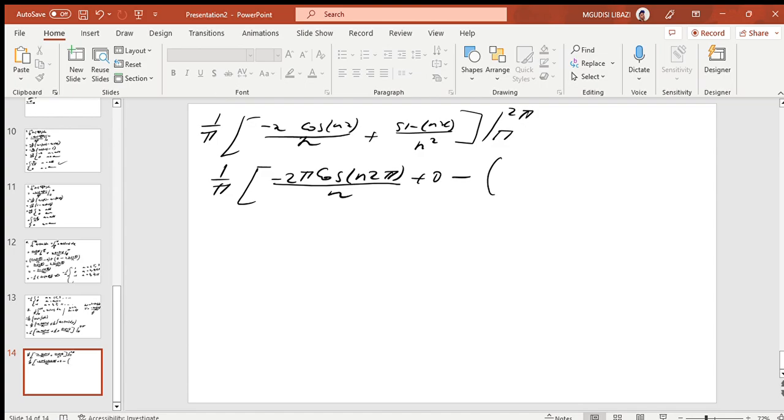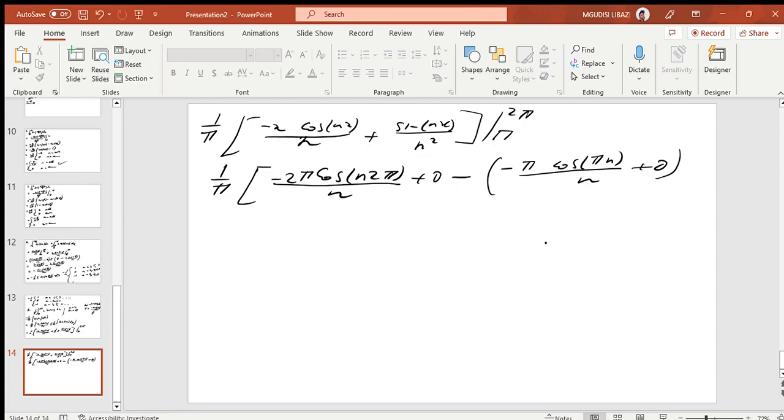Then minus, substituting the lower limit, we're going to get negative pi cosine of pi n divided by n, and then plus sine there, which gives 0. Unless we had 1 over 2 pi, then it would not be 0.